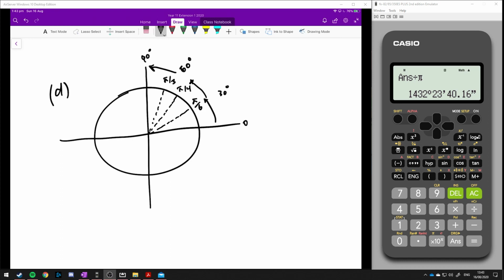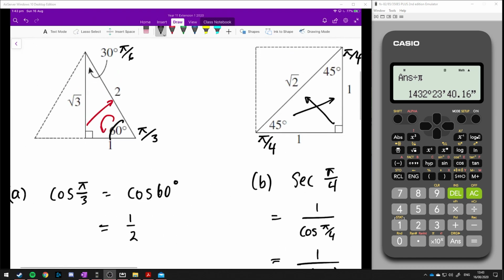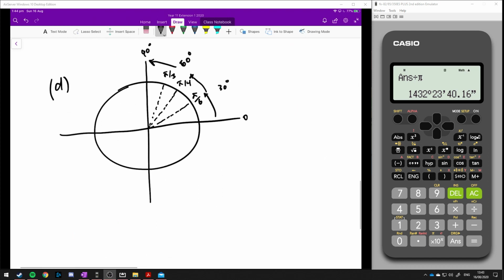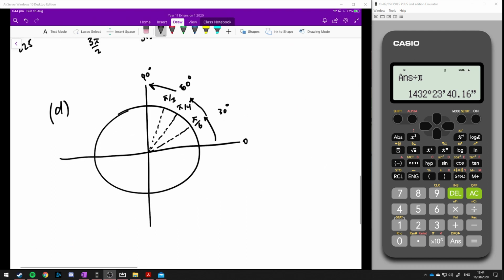So jumping around by pi on 6s can potentially get us to our value. In this case, we want to get to 7 pi on 6. Pi on 3 is the same as 2 pi on 6, for example, and pi on 2 is the same as 3 pi on 6. Jumping around another 30 degrees gets us to 120, which is 4 pi on 6.